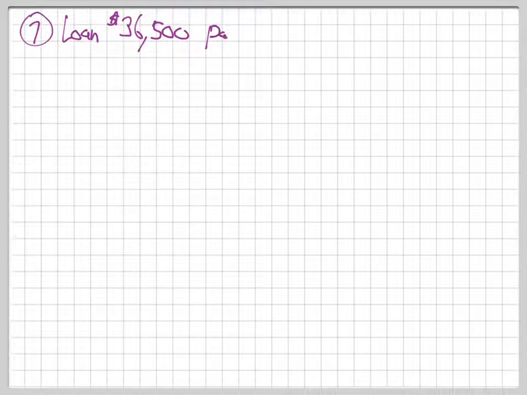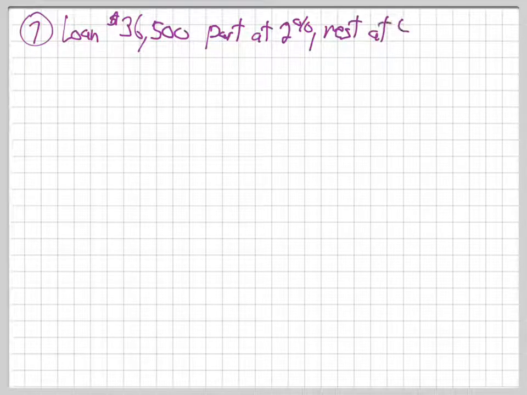So now we go to word problems. So number 7, a bank loaned out a loan of $36,500. Part at 2%. The rest at 14%, not 4, but 14%.